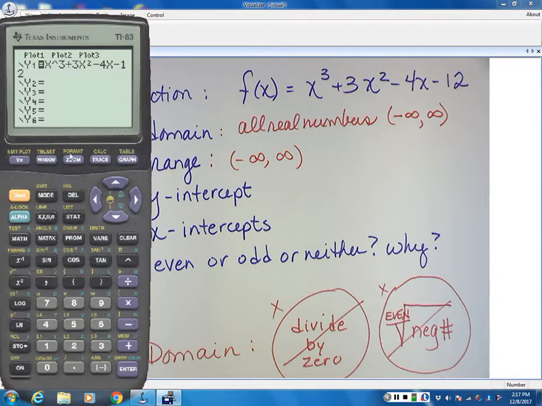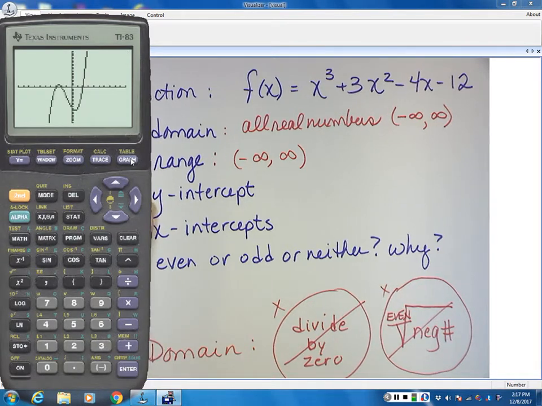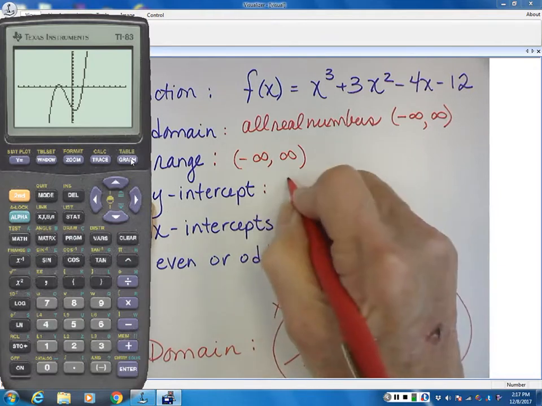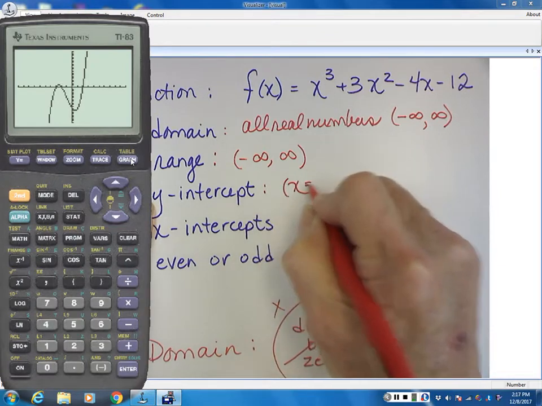And I'm putting that back in there because we're going to look at this again. The y-intercept of this function is where it crosses the y-axis. That means its value of x is going to be 0.